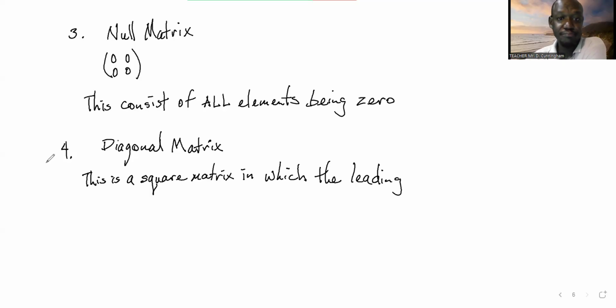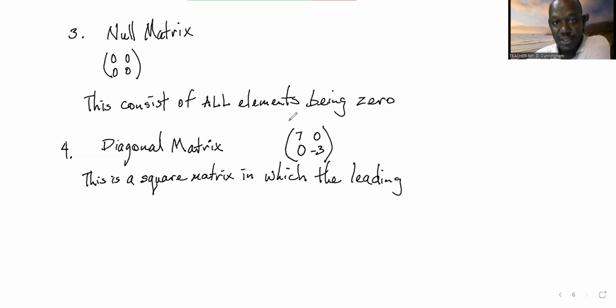All right, let me show you what it is first. Now, let's look at a diagonal.